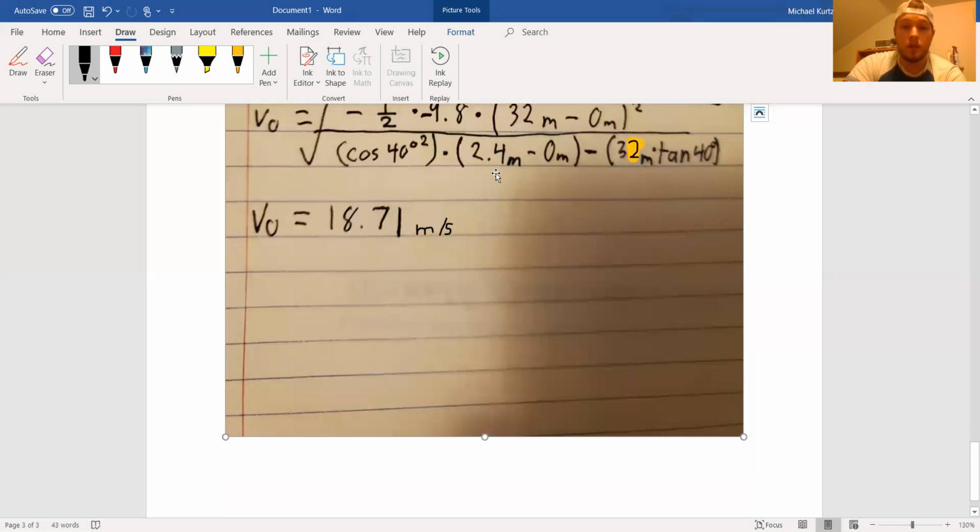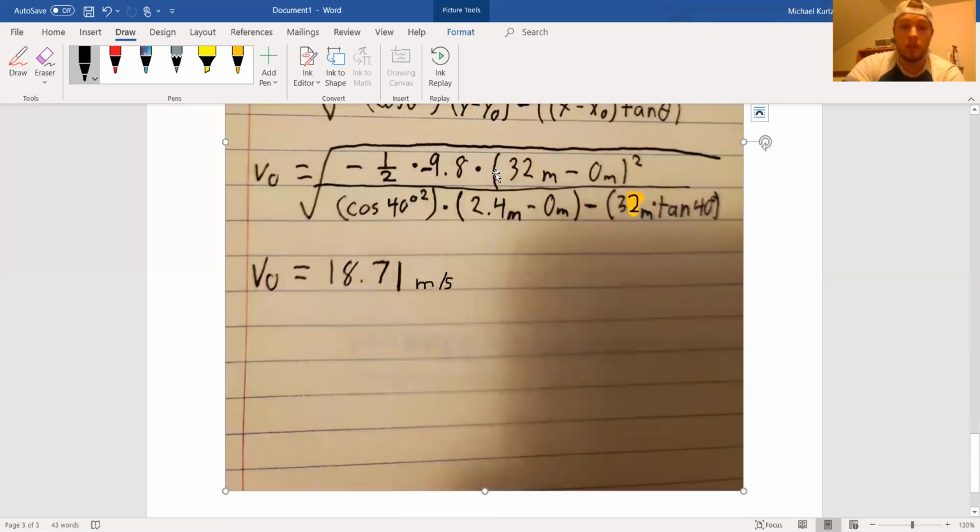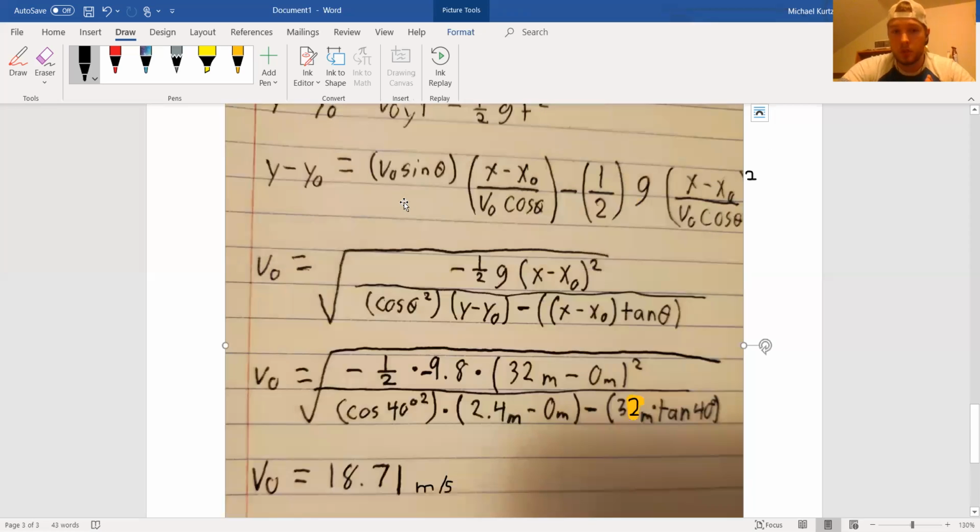And when we input everything, we get 18.71 meters per second.